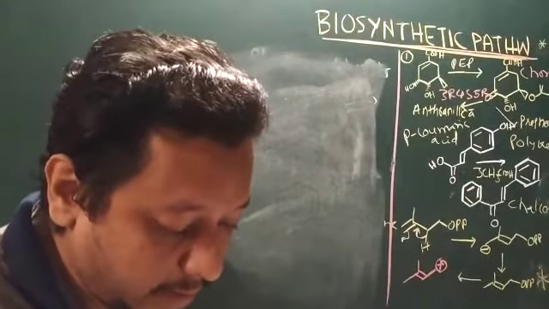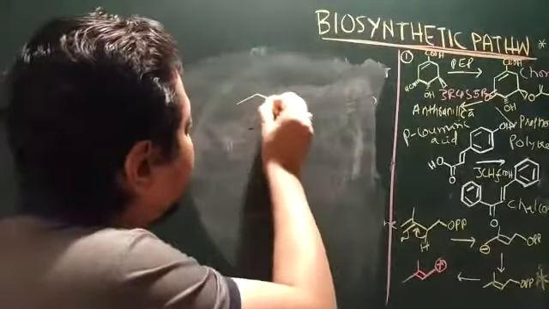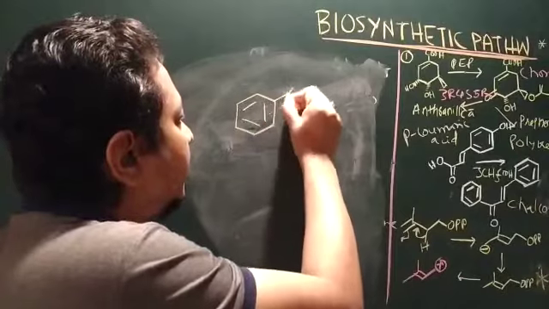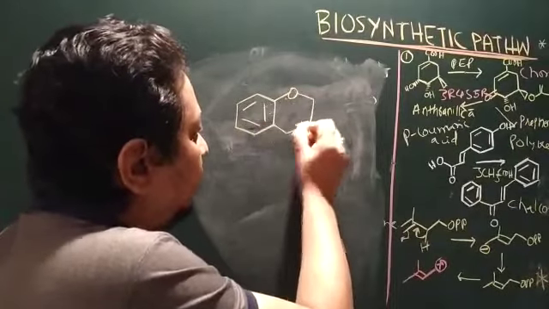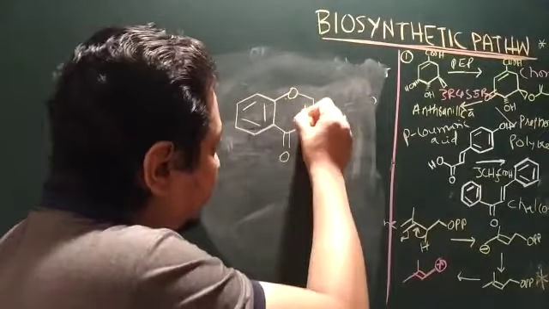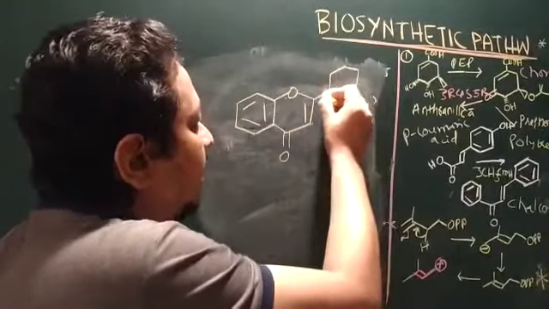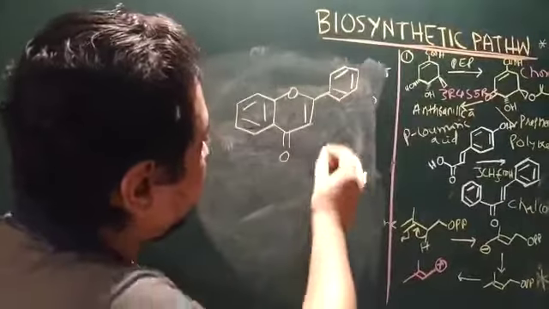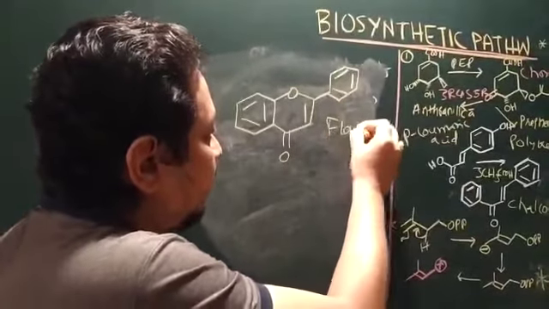Number 1, you get flavone. The structure of flavone is like you have a gamma pyrone. Over here you have a benzo gamma pyrone, and then you have a benzene ring. Now if you see, this is known as flavone. Okay, flavone.